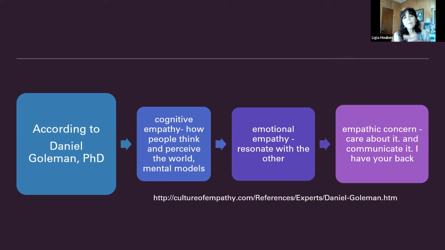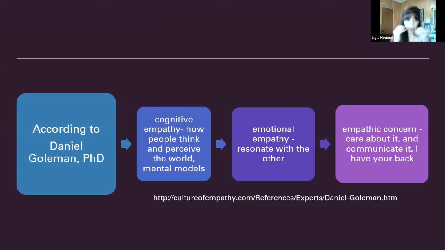Now, what about emotional empathy? Emotional empathy would be when we resonate with the other person at an emotional level. We resonate. It's when we say, we can understand the feelings of one another. Now, the empathic concern has to do with caring about it and communicating well.